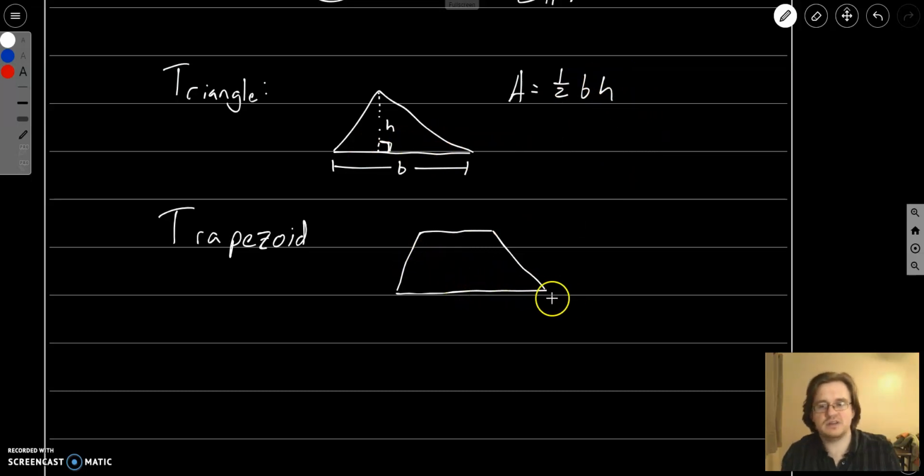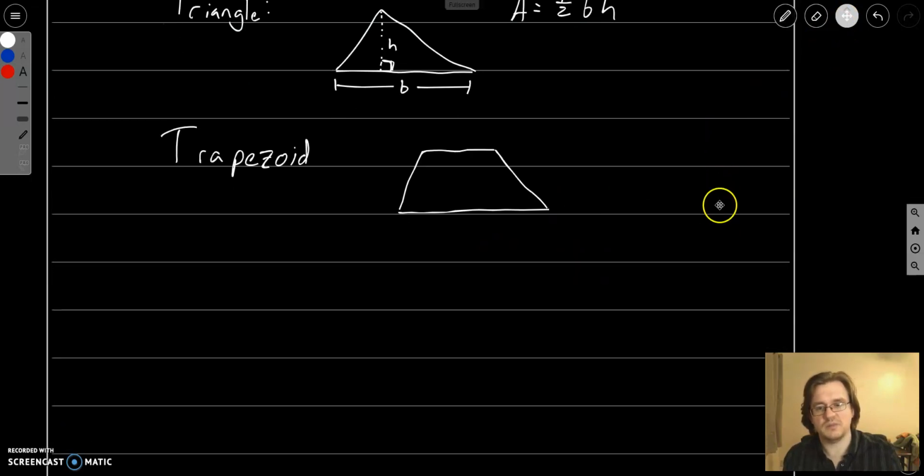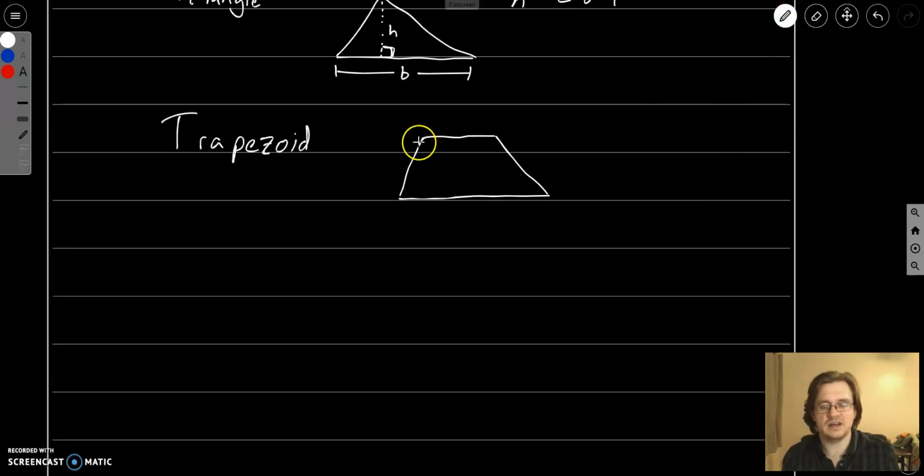A trapezoid, which is also called a trapezium in other parts of the world, is a shape that will have 4 sides. 2 of those sides are going to be parallel. So the top and the bottom run parallel with each other. The other 2 sides will just connect them up.